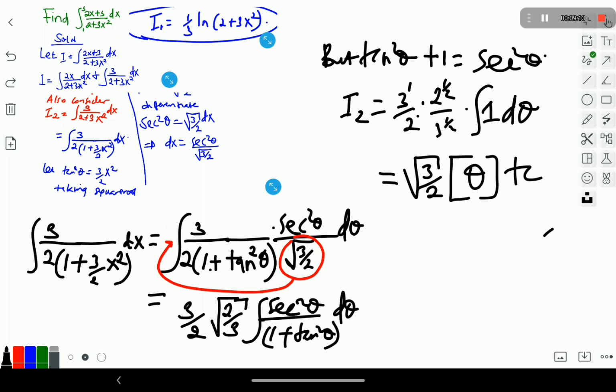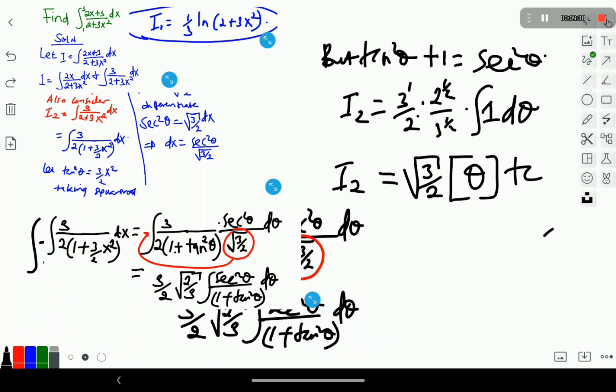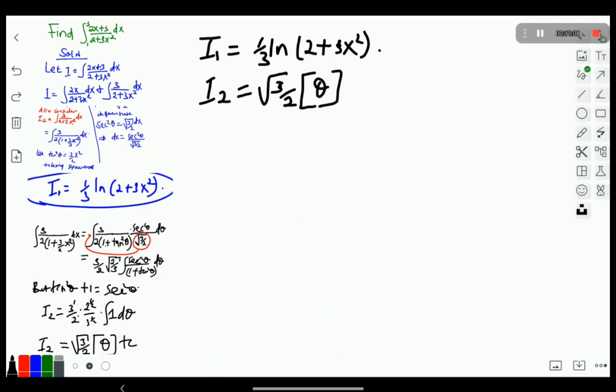Since we have the limits, we just need to go back and substitute in every expression the answer that we have already got. So we have I2 as root 3 divided by 2 into theta plus c. We go back and join all the expressions, and then we apply the limit from 1 to 3. Let's have I1 and I2.